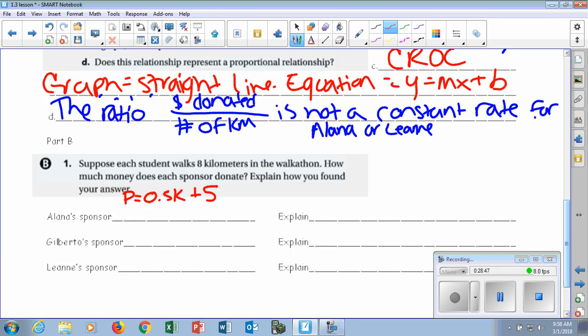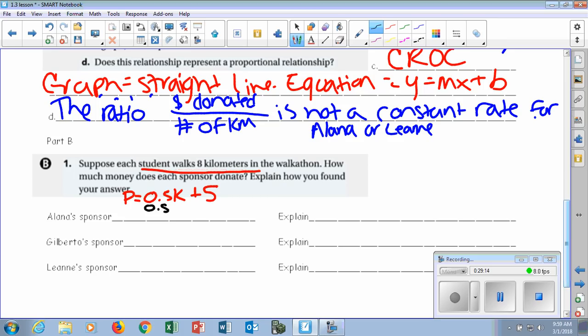So now, Philip, if they told me that each student walks 8 kilometers, how can I plug that into that equation to figure out the profit that they made? Well, what's my K represent in this equation? The distance. So if they told me my distance, couldn't I plug that number into my K and solve for P? Yeah. So they told me it's 8 kilometers.